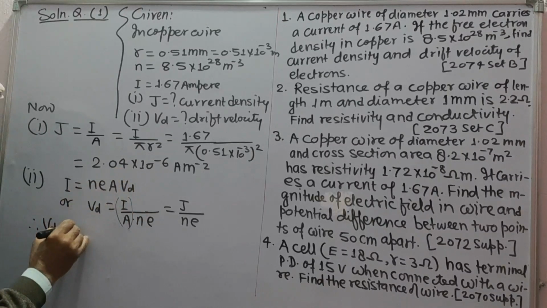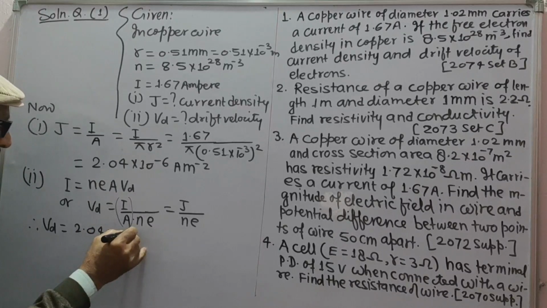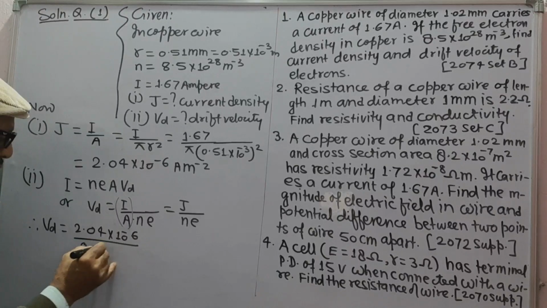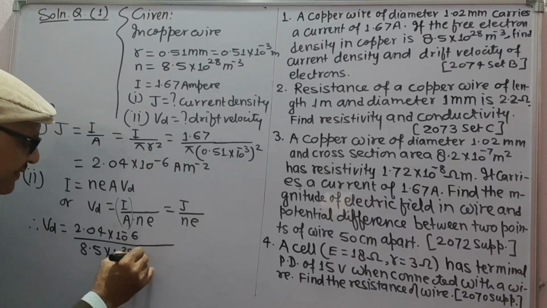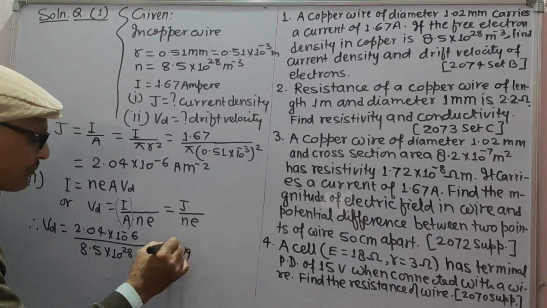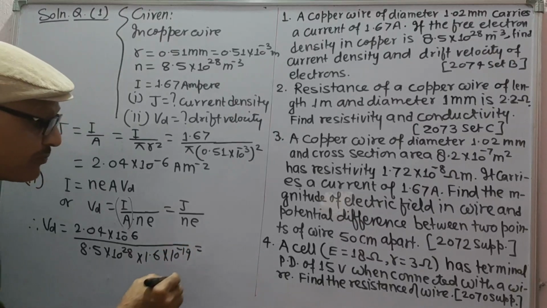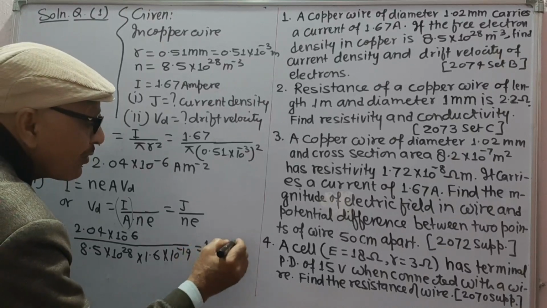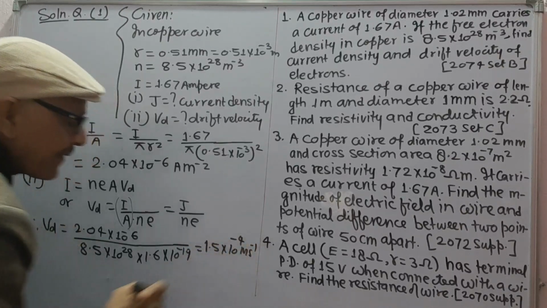J is 2.04 into 10 to minus 6, n is 8.5 into 10 to power 28, and e is electronic charge 1.6 into 10 to minus 19, which gives Vd as 1.5 into 10 to minus 4 meter per second.